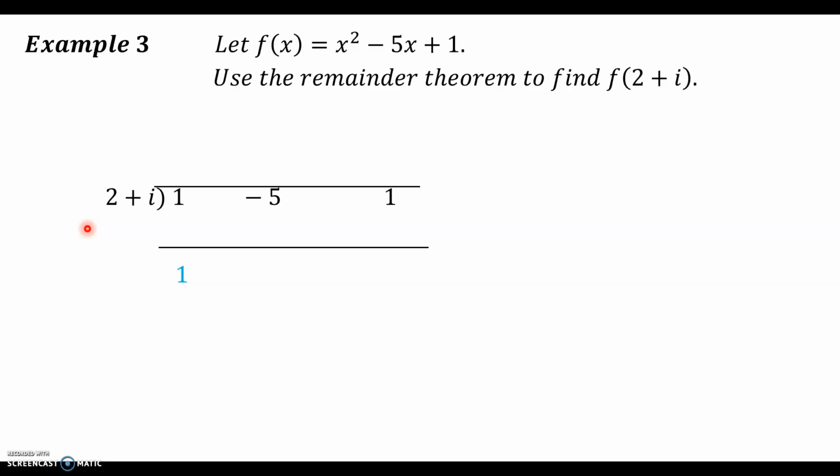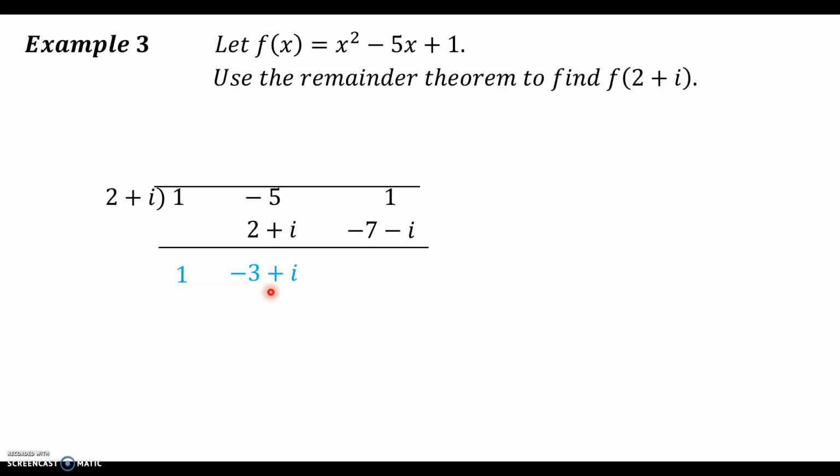bring down my first term. Now I'm going to multiply 2 plus i times 1, which is 2 plus i. Add them up. I'd have negative 3 plus i. Now I multiply 2 plus i times negative 3 plus i, and you'd get negative 7 minus i.